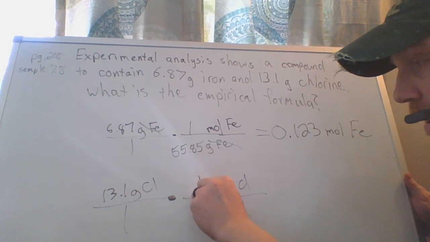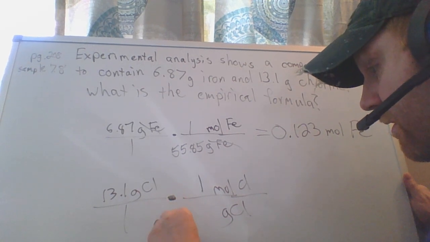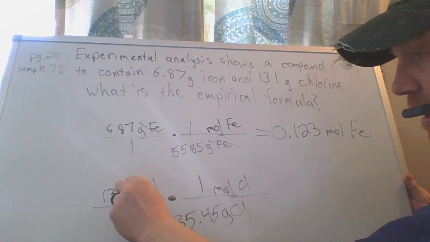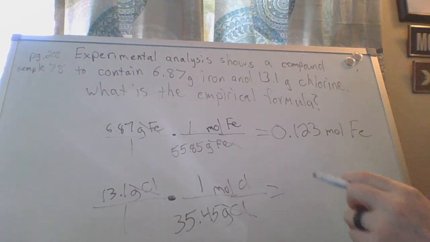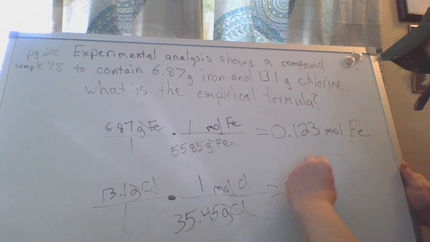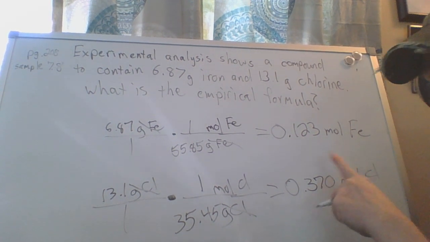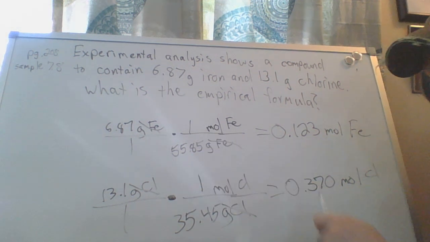For every 1 mole of Cl, the periodic table tells us there are 35.45. Once again, it's a division problem. Grams of Cl cancels out, and we have in front of us 0.370 moles of Cl. This should be review. We should all know how to do this. We simply went from grams to moles.